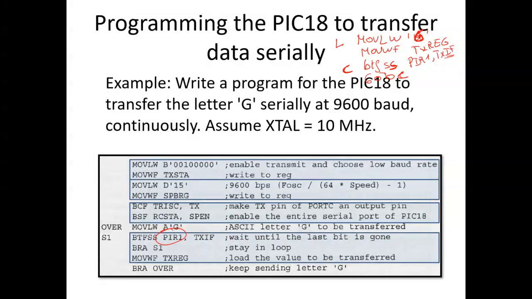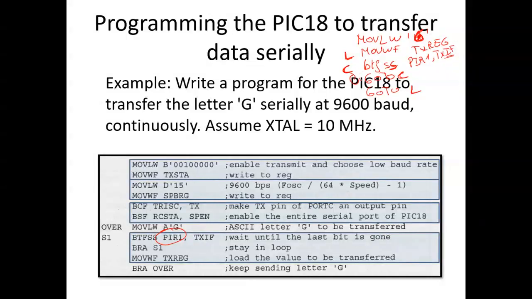So we can use move LW again. We can use the label L here, and we can use go to L. So this is more logical. So we load the ASCII code of the letter G, then we move it to the TX register, and then we have to wait for the flag. As long as the flag is 0, there is no skip.